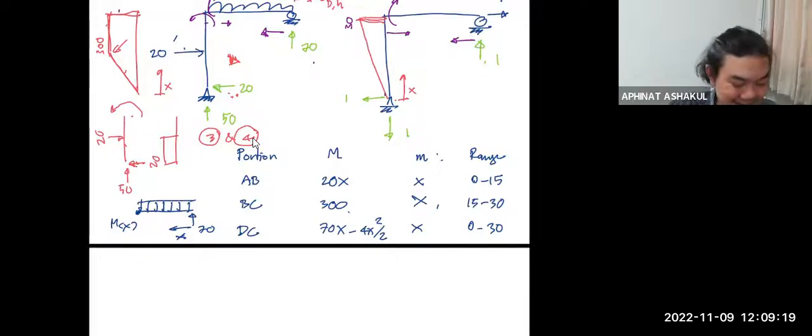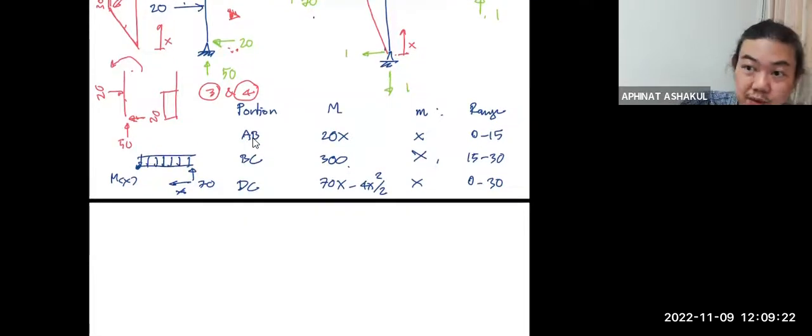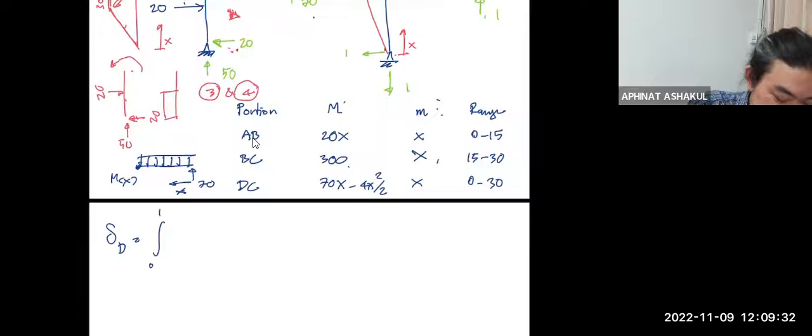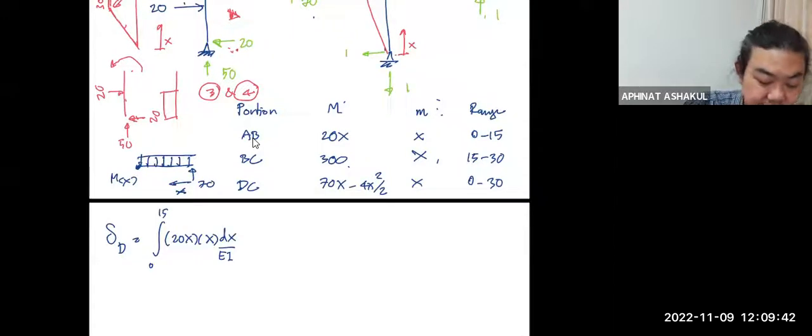And now it's just calculus. Delta D now is big M multiplied by small m, right? So it's from 0 to 15, 20x multiplied by x, dx over EI.